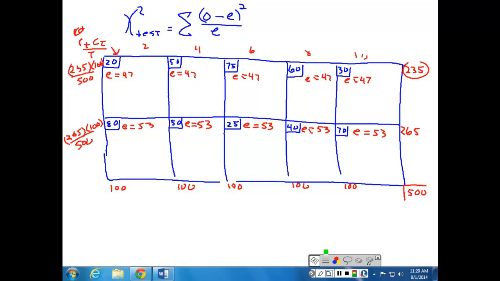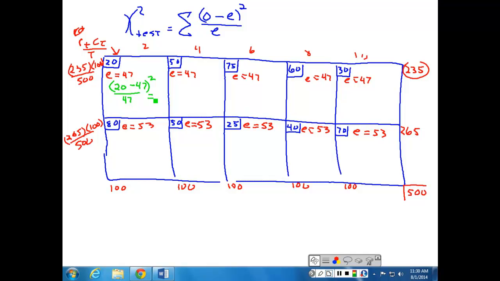So now I'll write the formulas out, but you guys are going to have to calculate these for me. In this cell, I'm going to have observed minus expected, 20 minus expected, squared, divided by the expected.